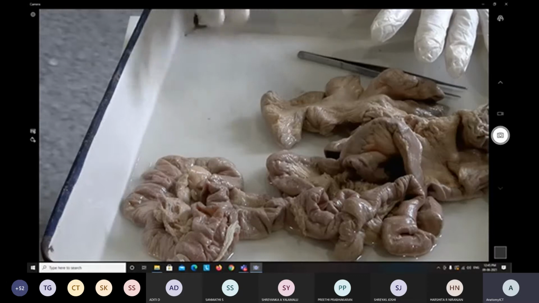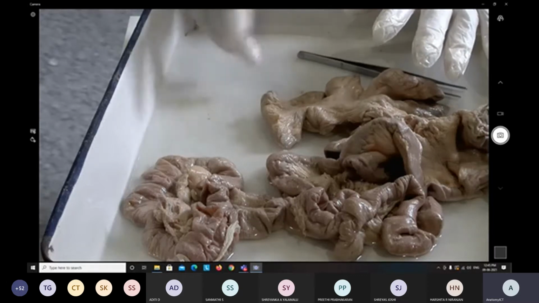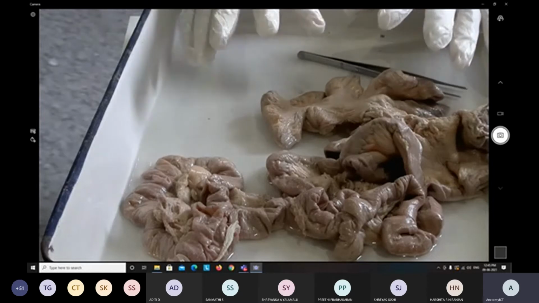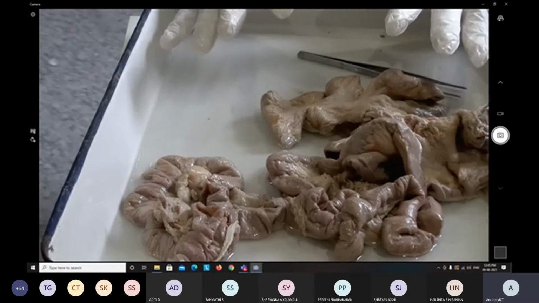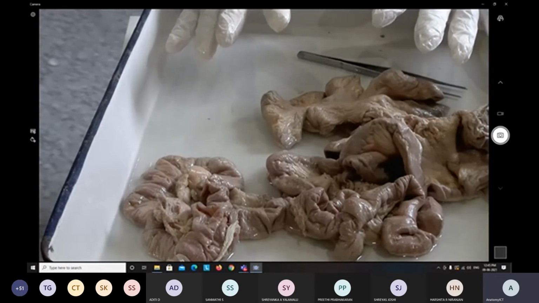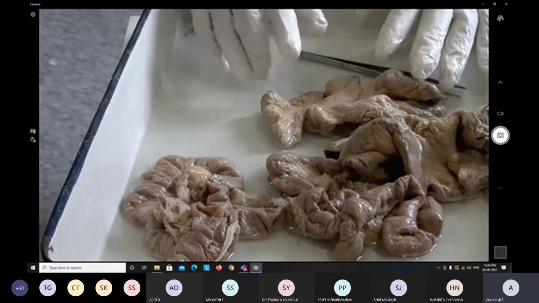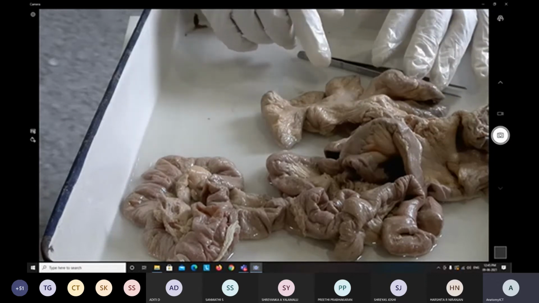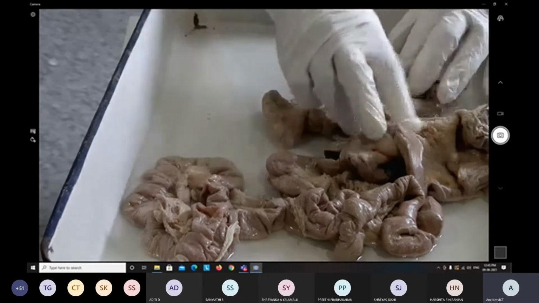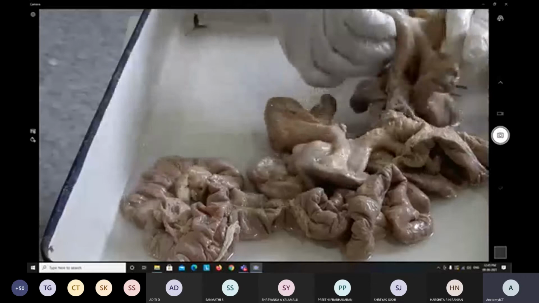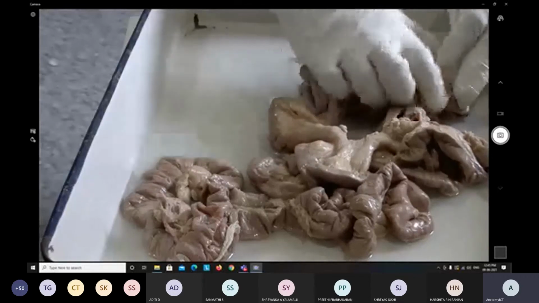The relations of the first part, second part, third part, and fourth part are very important, because the examiner will definitely ask about them, along with the blood supply to the duodenum. The blood supply to the rest of the small intestine, that is the jejunum and ileum, is by the superior mesenteric artery, right? The superior mesenteric artery is a branch of the abdominal aorta.